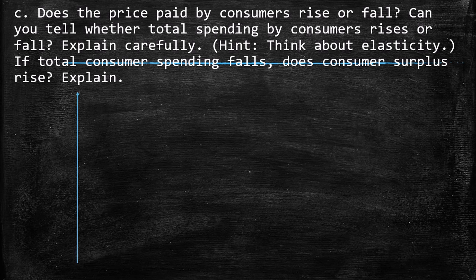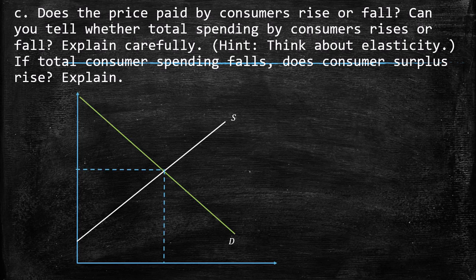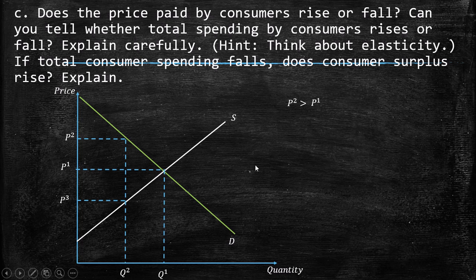Explain. So here we have our case. This is the case that we have until now, and what we know is that P2 is larger than P1. But we know that at the same time Q2 is lower than Q1. So what does it mean?